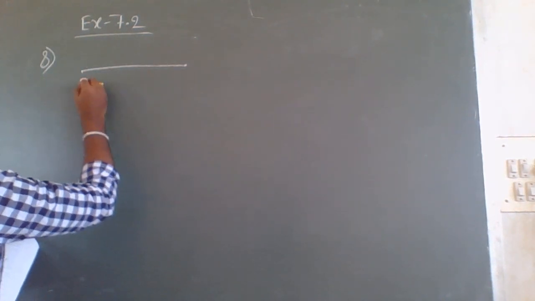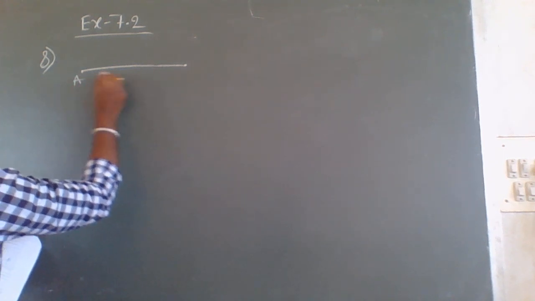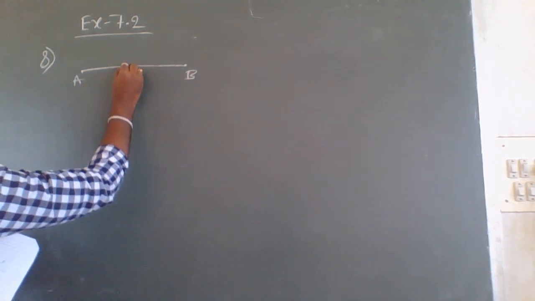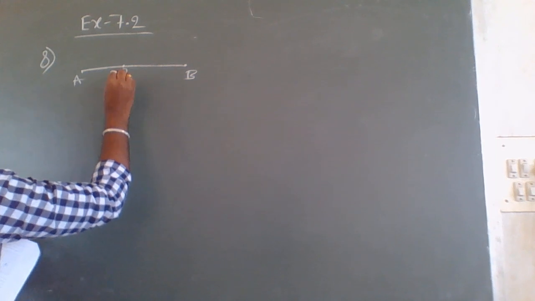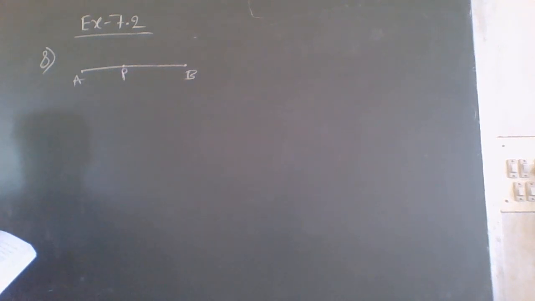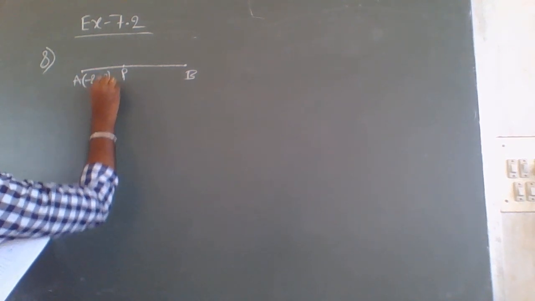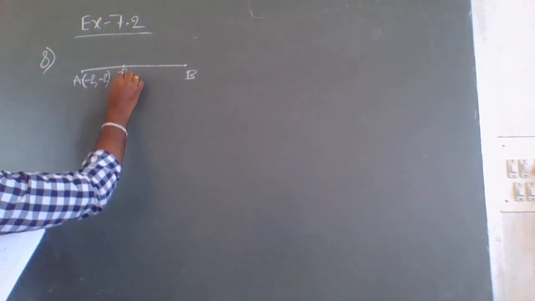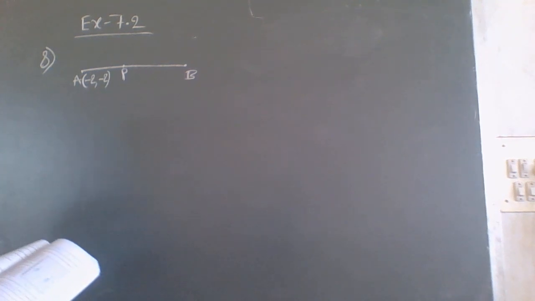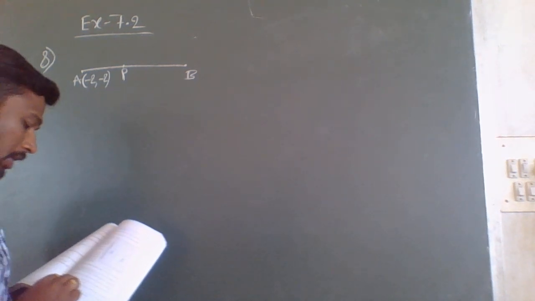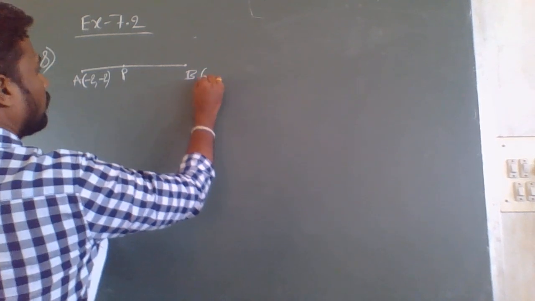This is line segment AB, and they are given that this P lies on line segment AB, and they are given coordinates of points A and B. What are the coordinates of point A? (-2, -2). Next, coordinates of B, (2, -4).